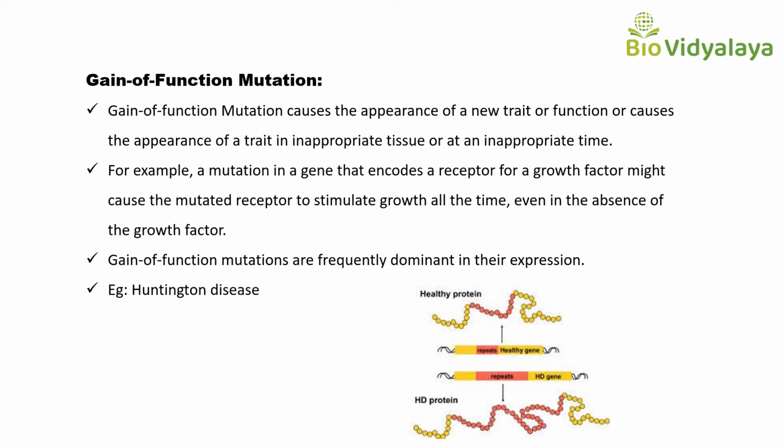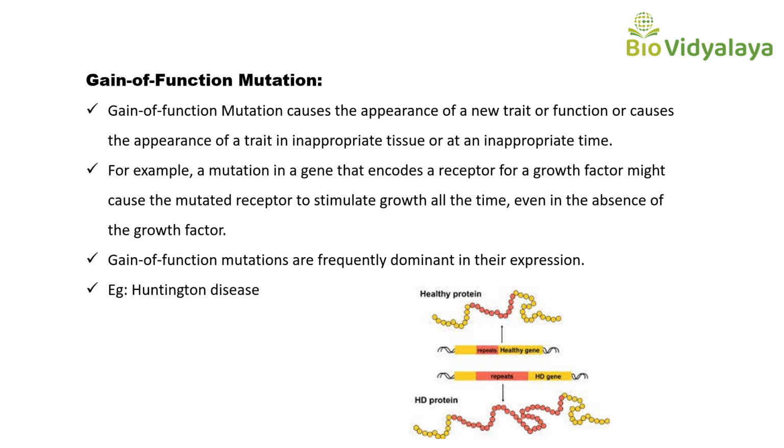So loss of function mutation results in a complete gene inactivation or in a completely non-functional gene product, and gain of function mutation will cause the appearance of a new trait or a new function, or it will cause the appearance of a new trait in inappropriate tissue or at an inappropriate time.